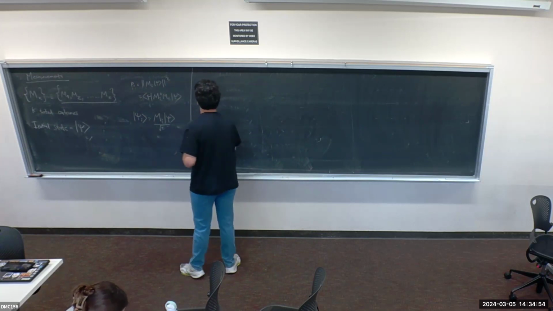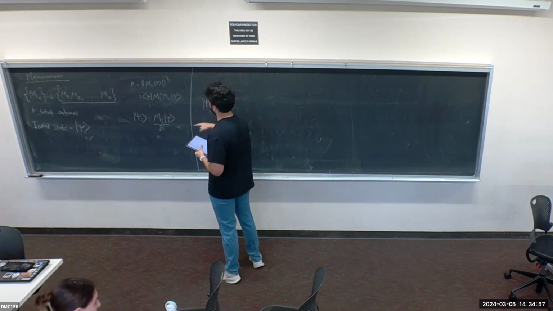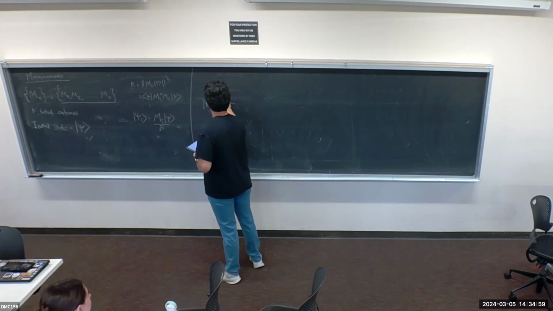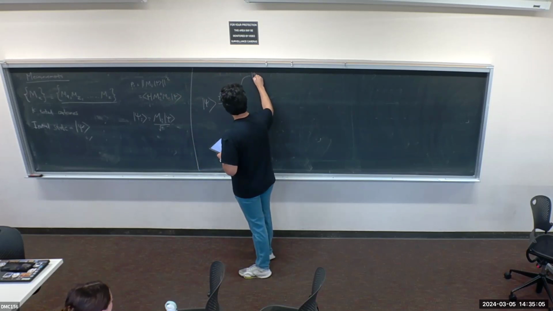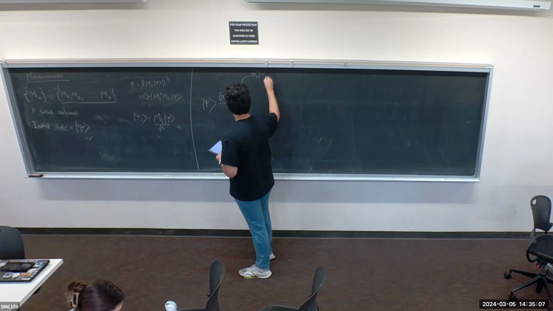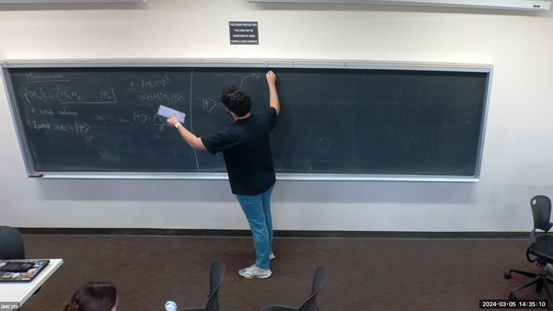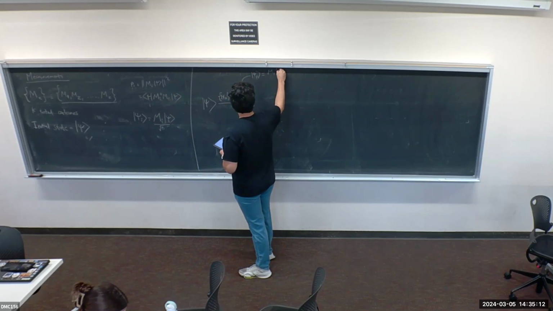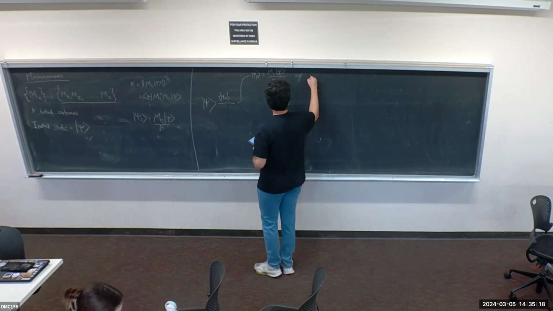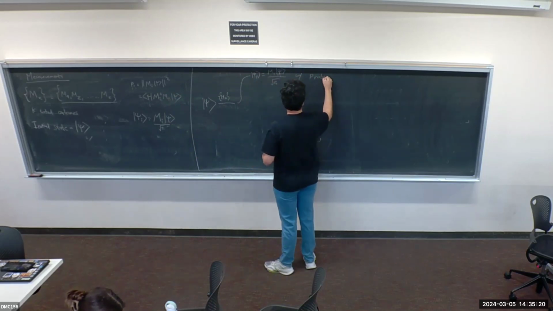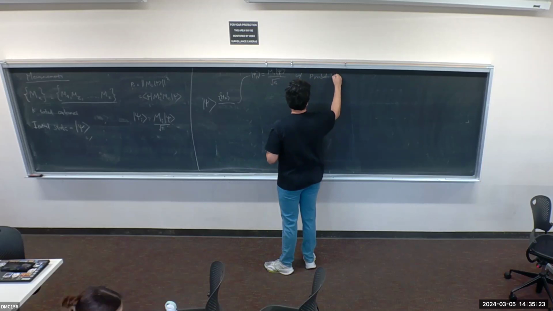So if you have some state psi, and then you do the measurement corresponding to these measurement operators, you can get state psi 1, which would be M_1 psi over square root of p1, with probability p1.